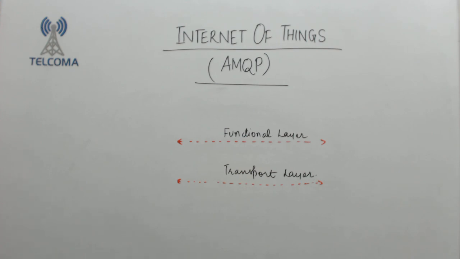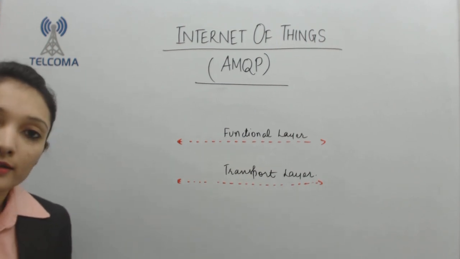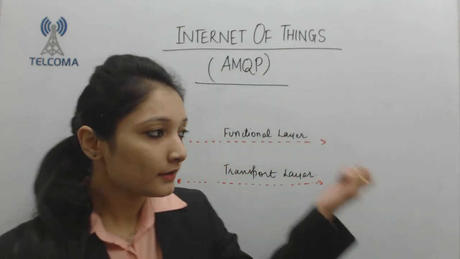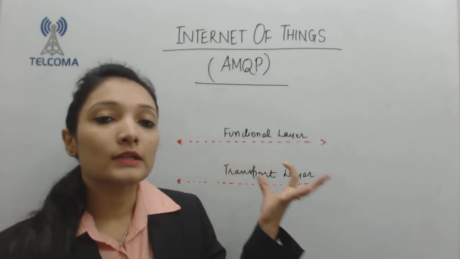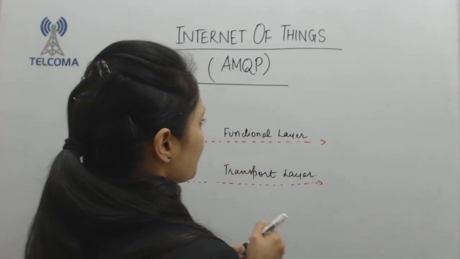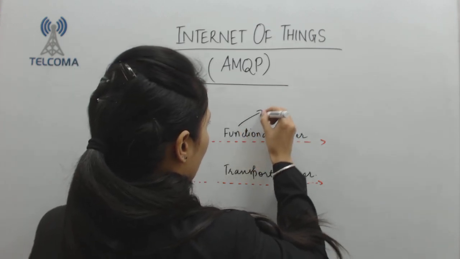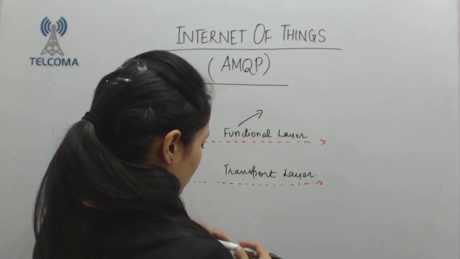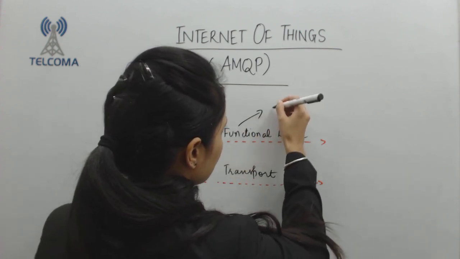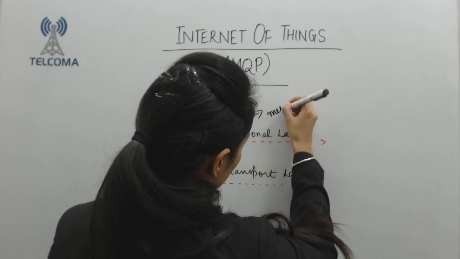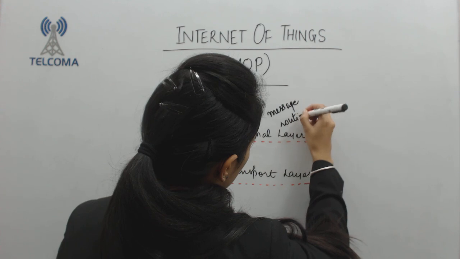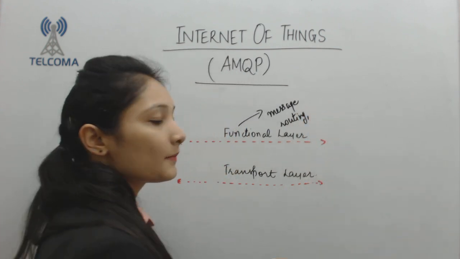The functional layer contains certain messages in the absence of certain applications. I will describe the various functions performed by this layer. This functional layer is concerned with functions like message routing.